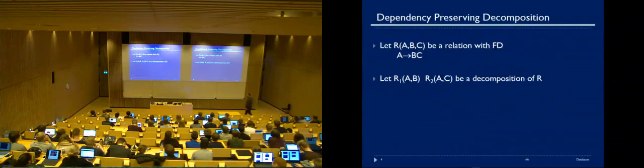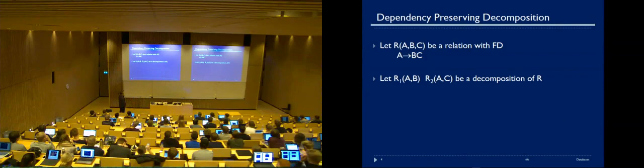Similarly, if you want to find whether a decomposition is dependency preserving, you have to check whether the closure of all the dependencies you can see that hold within the component relations of this decomposition is the same as the closure of the full set of dependencies.